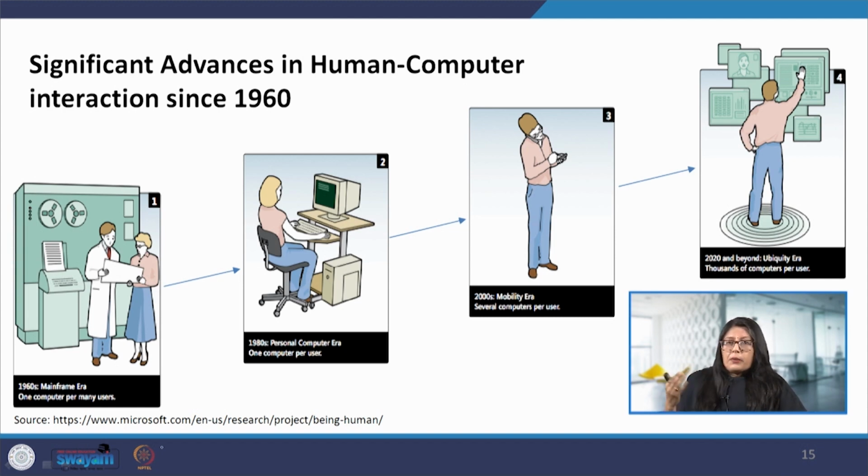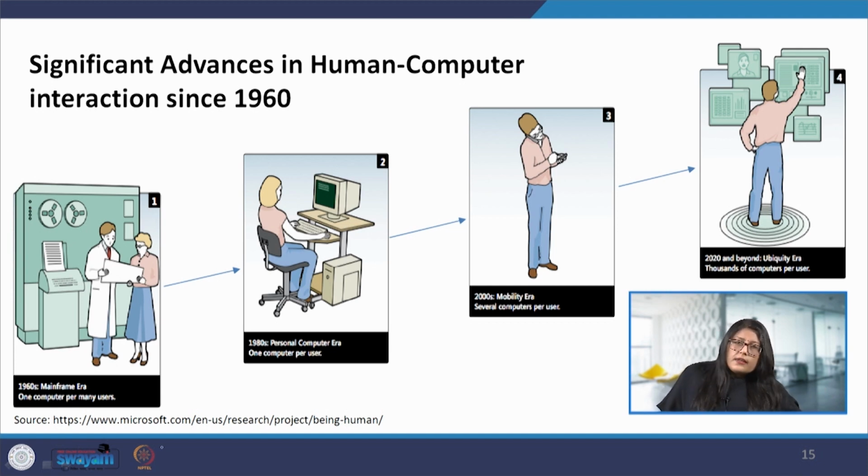So multiple users would come and use it in their time slots, and this was generally used for purposes like inventory preparation or payroll calculations. So it was very powerful, but individuals could not own one system each.